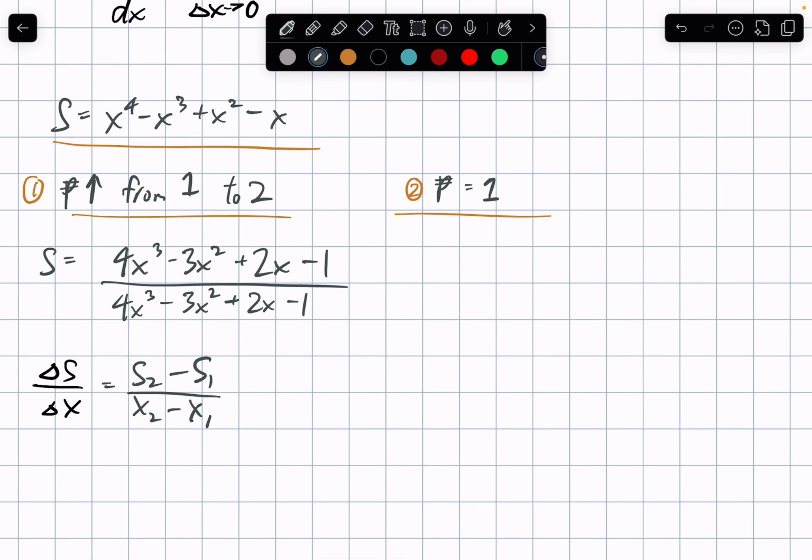We have to identify first S2, that is when the price is 2 pesos already. So 2 raised to 4 minus 2 raised to 3 plus 2 raised to 2 minus 2.